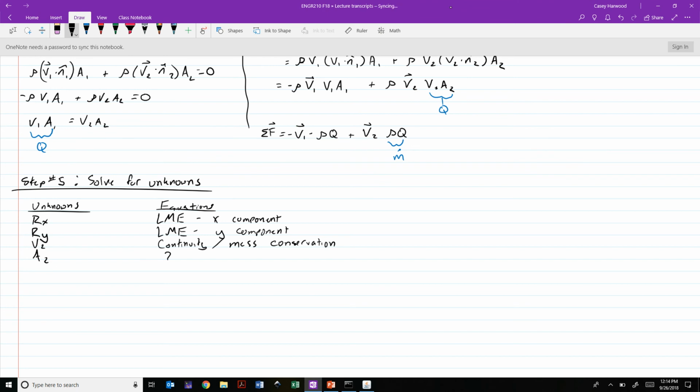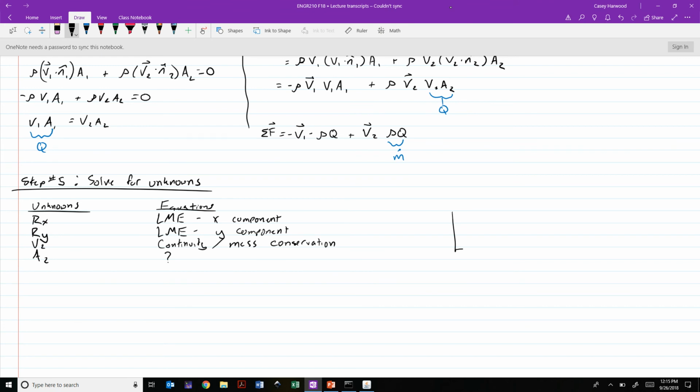But we're missing one equation. Basically, we're not able to fully solve this problem that we're given. So we need one more equation, something that we can use to solve for, for example, the velocity, given the velocity at another point with known pressures. Let's think of it this way.